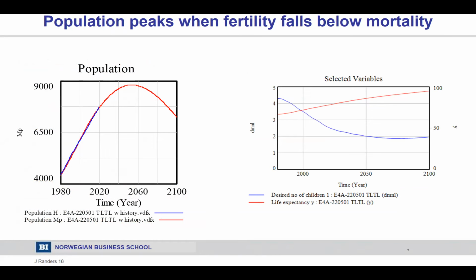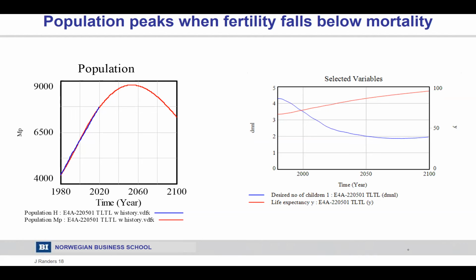And then to the right, I indicate a few of the major causal influences that actually determine the graph to the left. It's easy on this first one, which is population, which of course grows as long as fertility is higher than mortality, and as the number of desired children goes down, the blue line to the right, because society gets richer, because there is more health, because there is more education, because there is more contraception, because there is more opportunity for the women.